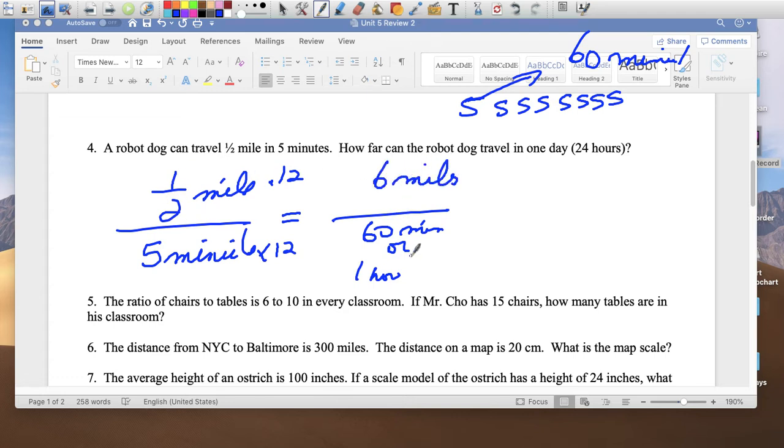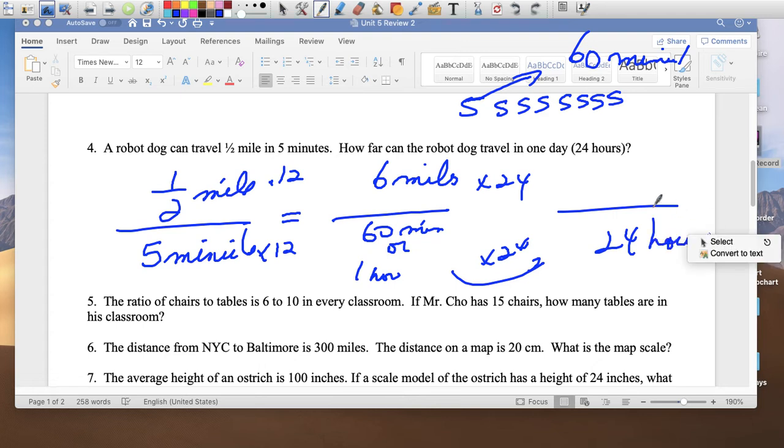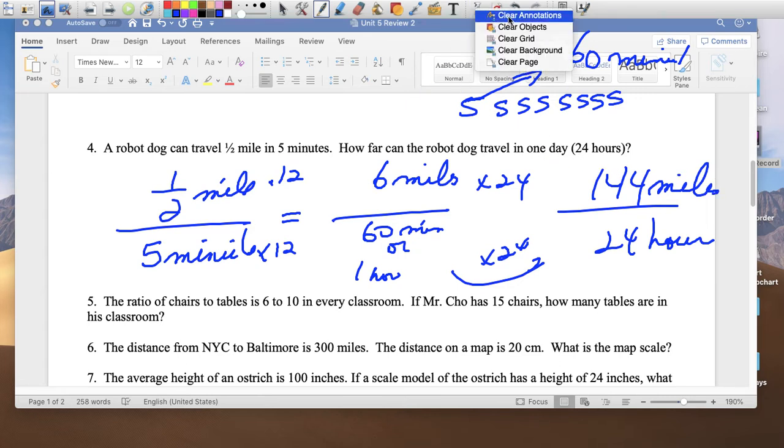So in 1 hour, he walks 6 miles. And we're going to multiply this by 24, and this by 24, right? So in 24 hours, how far can that robot walk? So again, it's going to be 144 miles. So careful with this question. It's not as easy as it seems.